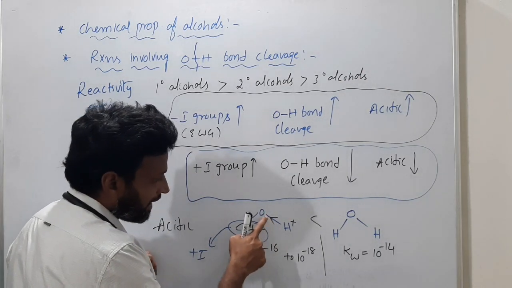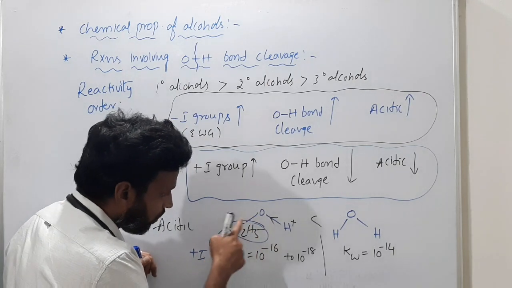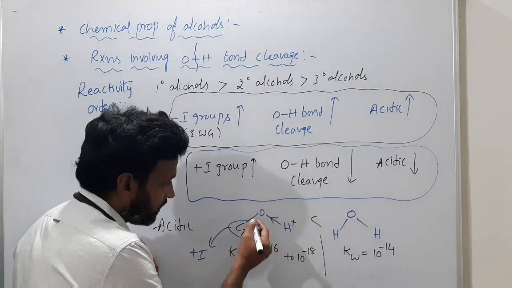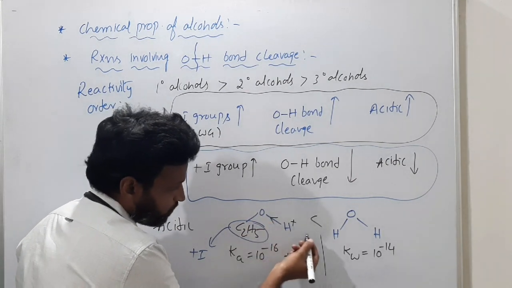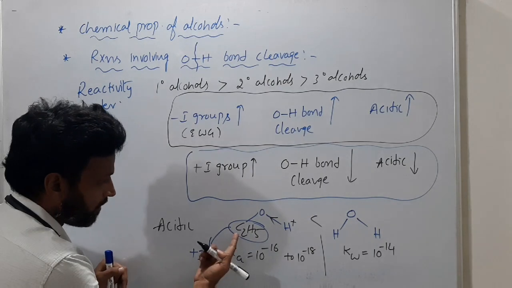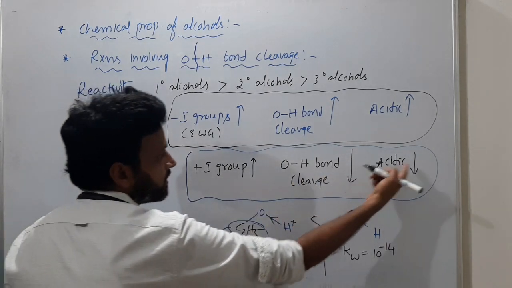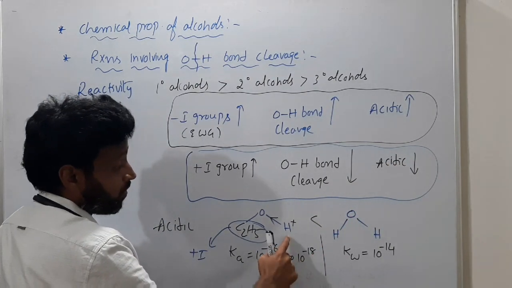This bond can come towards oxygen easily only if the group you have here is withdrawing, then only H plus can come out easily. But here C2H5 is an electron donating group. Plus I group increases, acidic nature decreases. So H plus donation is not easy.